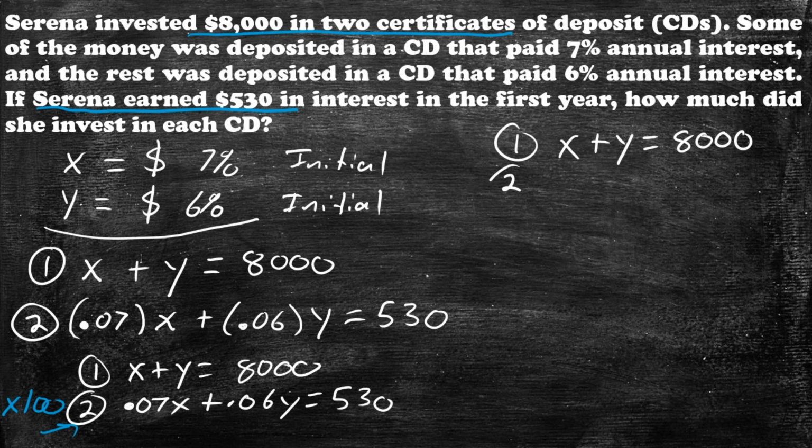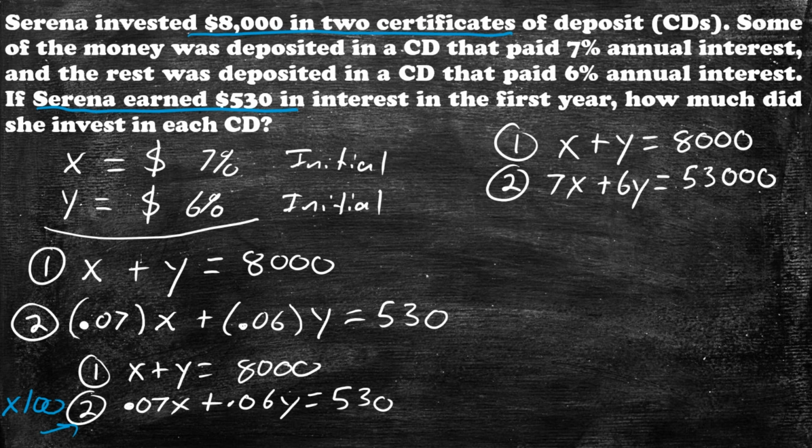And our equation number 2 then becomes 7x plus 6y is equal to 530 times 100, which is 53,000. All right, so now we got our 2 equations.